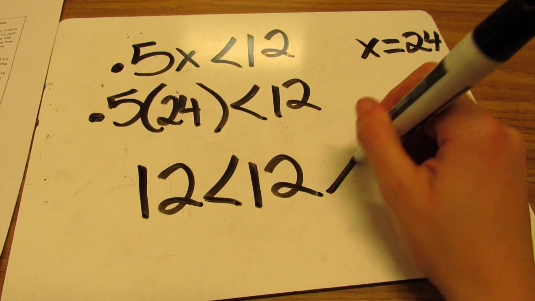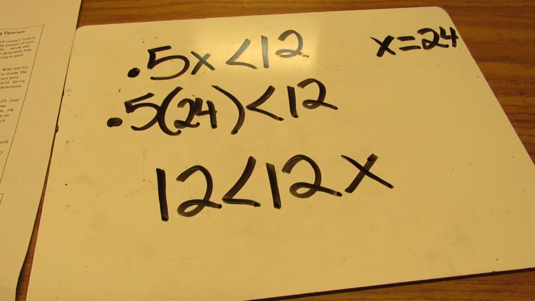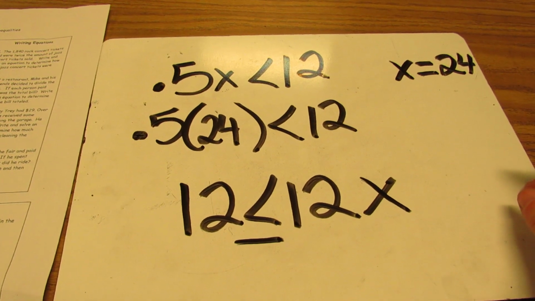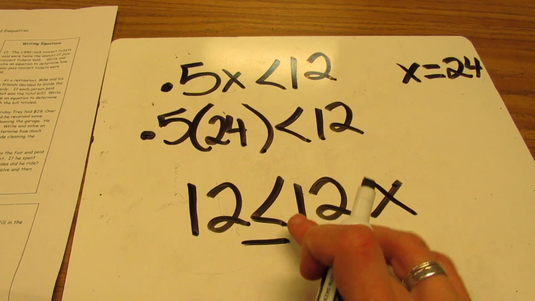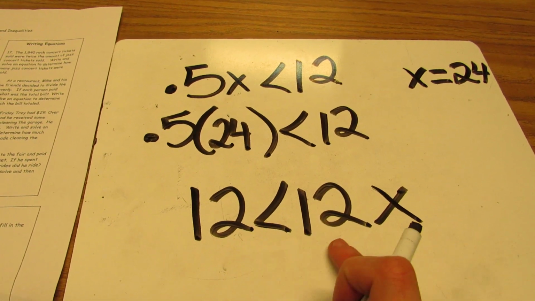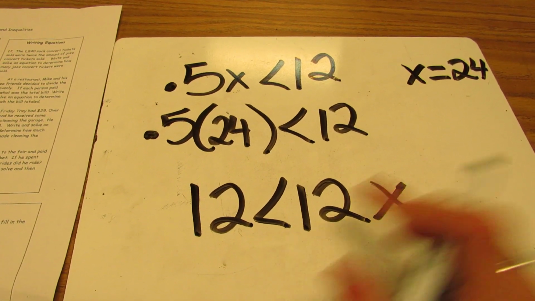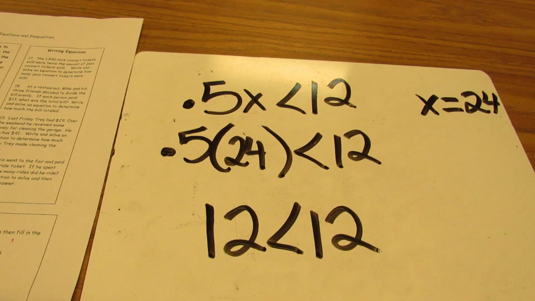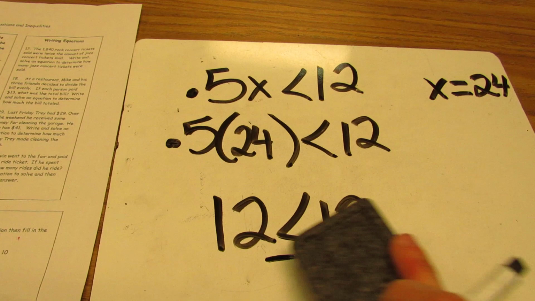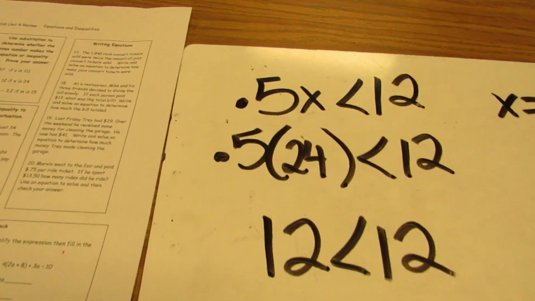This is a false statement, you guys. The way I would make this true is if I put the or equal sign at the bottom, okay? 12 is not less than 12. It is equal to 12, so this is false. This is not true, okay? Again, you could make this true if you put an or equal sign to make that inequality correct and true. All right, so let's move on to 13.